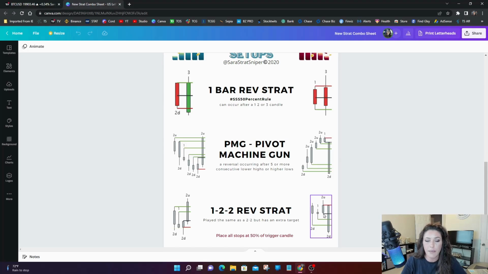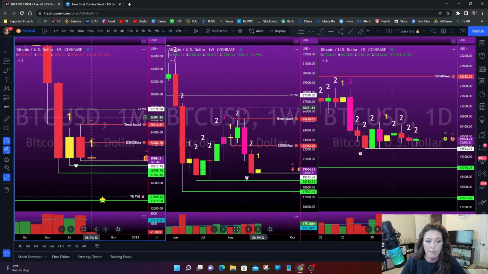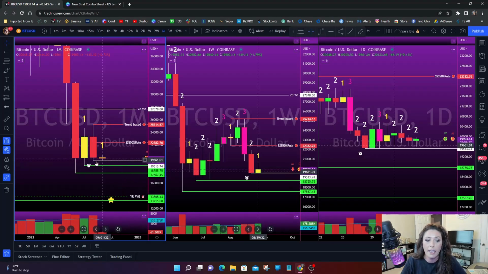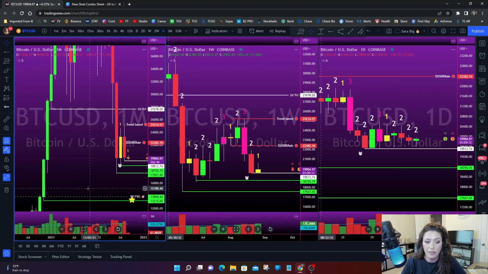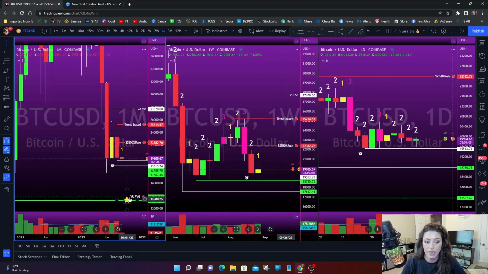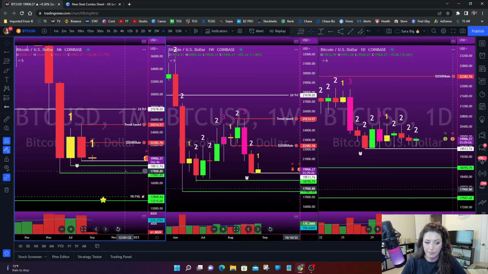So whatever time frame you find the setup on, so this is the monthly, you want to go down a time frame or two. And you always want to have your trigger marked and your targets. And that's pretty much it for targets.